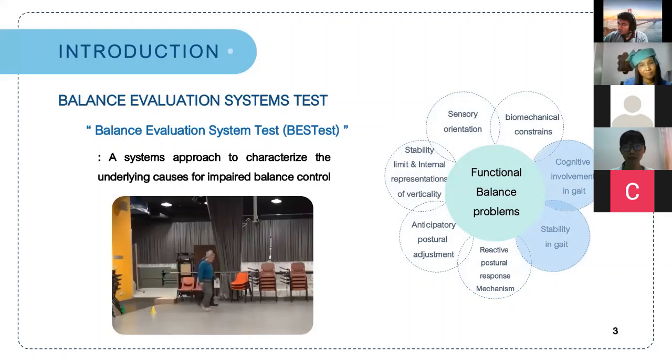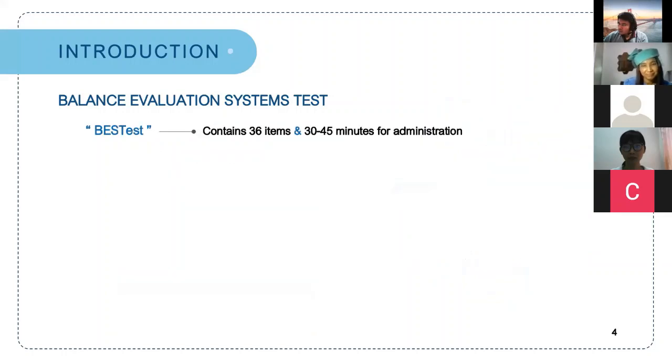The BESTest is a good measurement to evaluate balance in stroke patients. But the BESTest takes a long time to complete, which limits its use in clinical settings. So a newly short version of the BESTest has been developed.